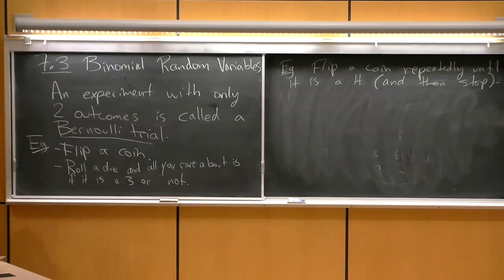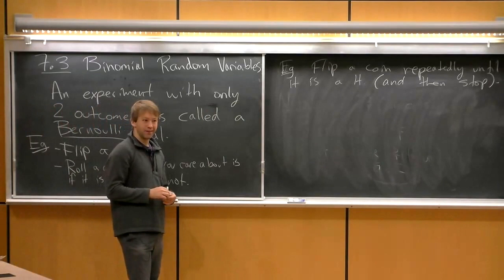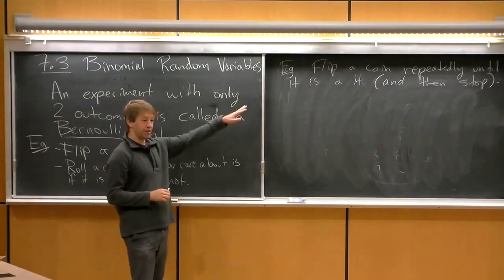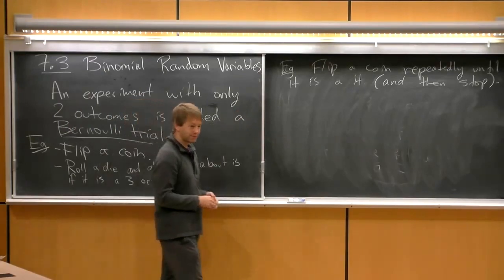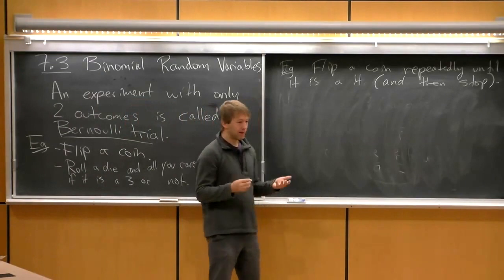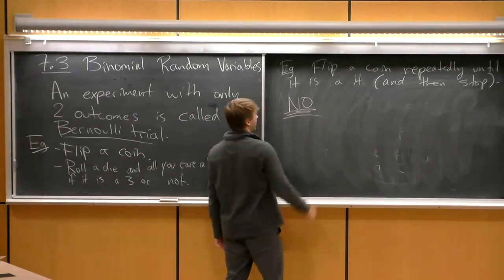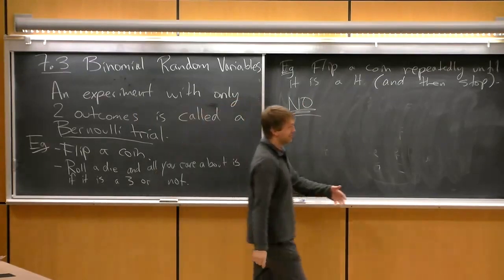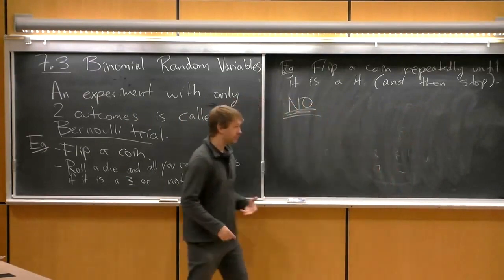Okay. So who thinks this is a binomial experiment? Who thinks it's not a binomial experiment? Okay. What's the problem with this? Why isn't it a binomial experiment? Exactly, yeah. So this is what I was trying to get at with this condition. And so yeah, it's good that you can see that from this example.